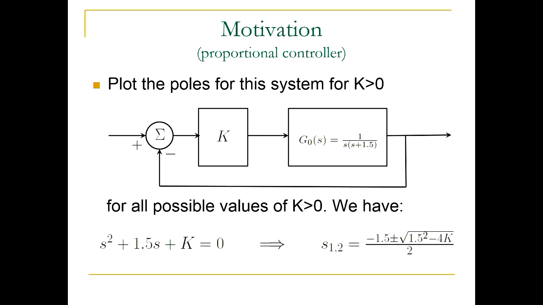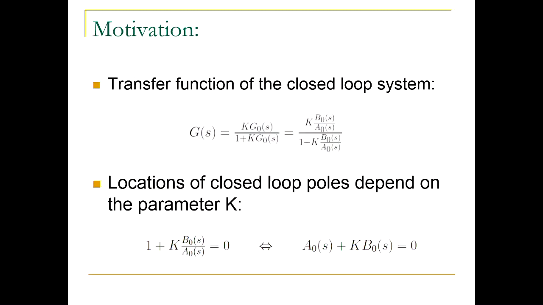Well, if I look at the closed loop characteristic equation, or closed loop poles, I need to solve something like this. How did I get this equation? Well, I got it by looking at 1 plus k times G0, and I equated that to 0. That's exactly what's given here.